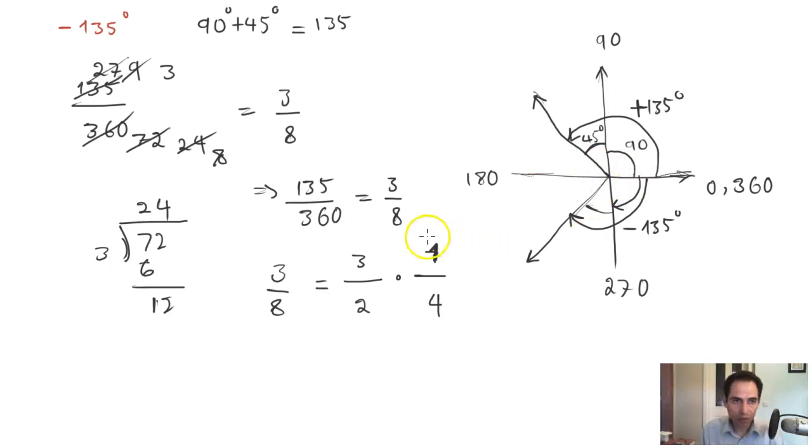So again, you can do the same thing here. You can go 3/2 of the circle in a clockwise direction, because you're moving in a negative direction. So 3/2 is 1.5, 1 and 1/2.